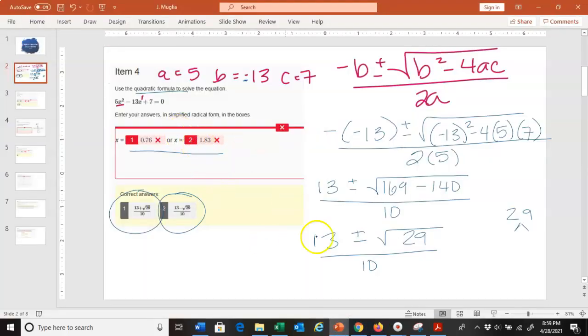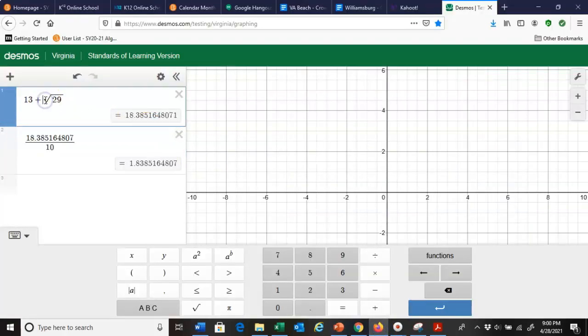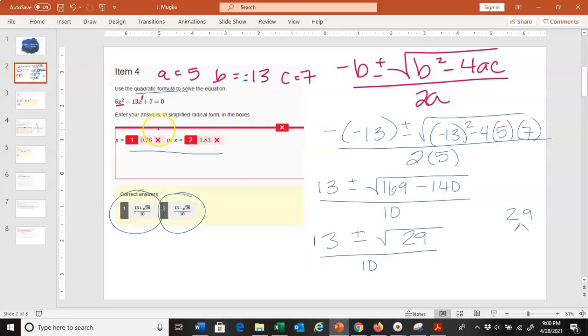There's the 1.83 that you got. All right, and then let's do minus. 13 minus root 29 divided by 10 is 0.76. There's the 0.76 that you got.